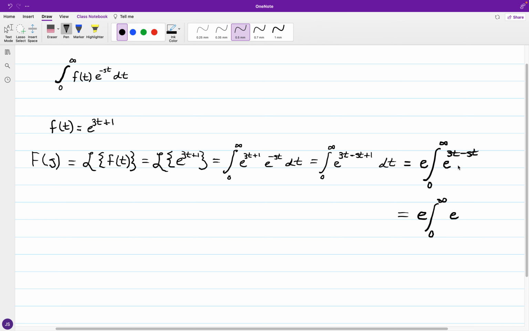And we'll say we have e, and I'm going to factor out negative t. We have e to the negative t times the quantity, and instead of negative 3 plus s, I'm going to say s minus 3, dt.